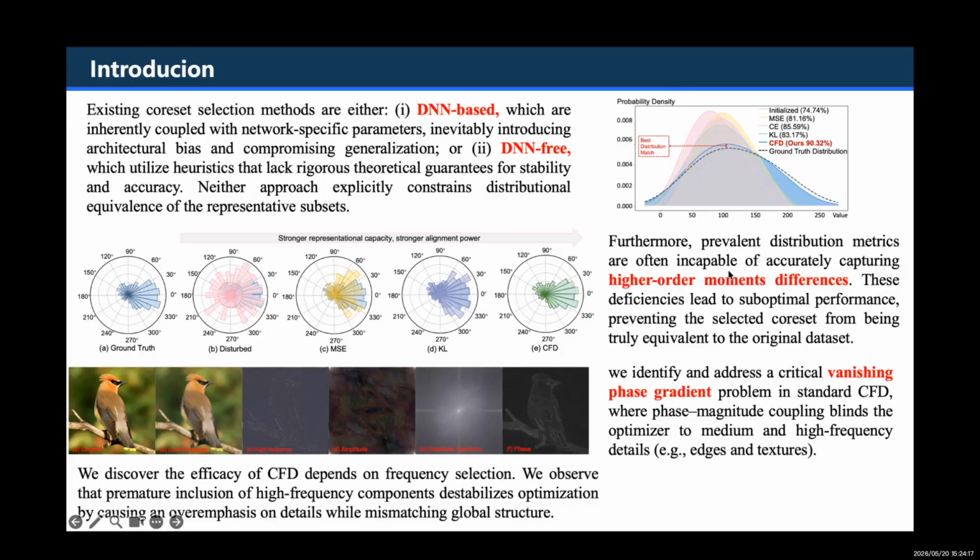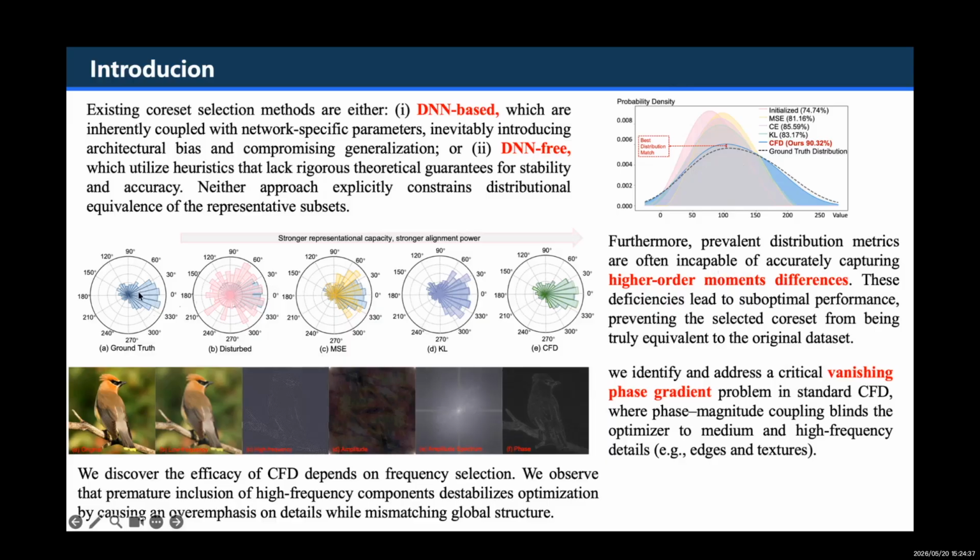We also identify that prevalent distribution metrics like the KL or the MMD may suffer from an incapability of capturing higher-order moment differences. Here is a tiny illustration.